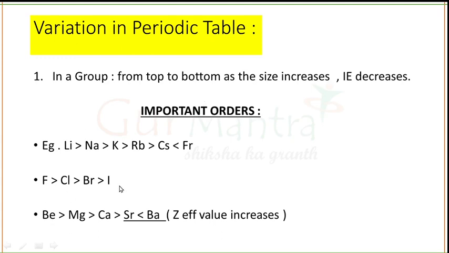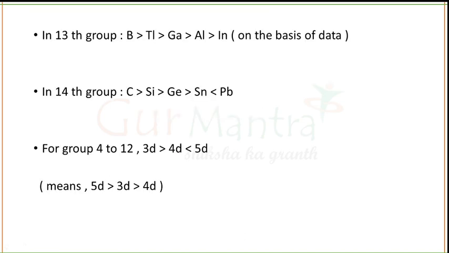Next, in case of halogens, IE decreases as we move along the group. For group 2 elements, from beryllium to strontium, the value of IE decreases, but in case of barium, the value of Z effective increases, therefore the IE value also increases. In group 13, on the basis of data, this is the order which you have to learn and remember. In group 14, Pb has the maximum IE.